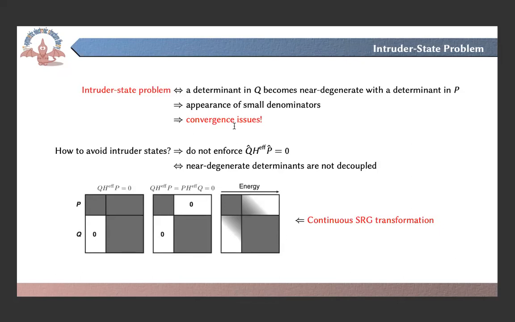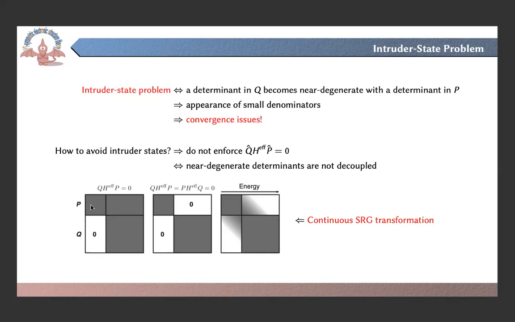If you're doing perturbation theory or coupled cluster, it happens that if you have badly chosen your model space, so you haven't put all the determinants that you wanted, or it's too small, you cannot put more determinants because it's going to get too big, and so on, it sometimes happens that a determinant from the Q space becomes near degenerate with a determinant in the P space.